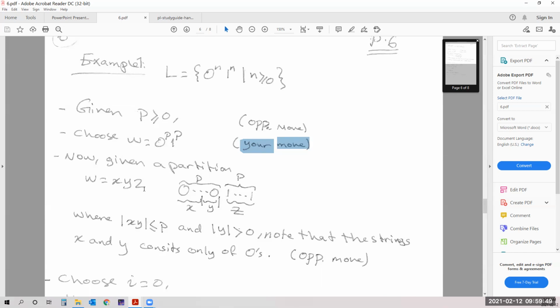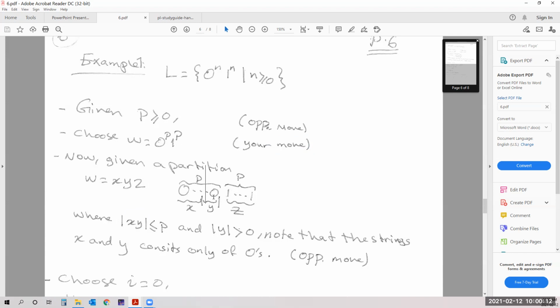So by this constraint, Y should be included in the zeros part, because in this string I have 0 to the power P and 1 to the power P, which is P zeros and P ones. The third partition will be Z, and to fulfill this condition, I will use X and Y in the zeros part.